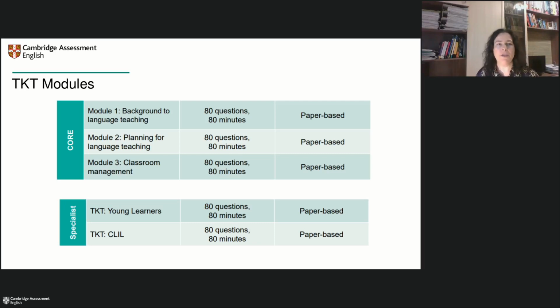I also mentioned Cambridge Assessment English qualifications in general. I have already said today that I'm running CELTA courses, for example, and Delta Module 1 preparation courses, and they all belong to Cambridge English.